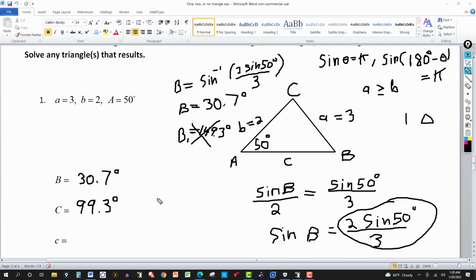So now we just say side C. You can go from a side to the sine of an angle, vice versa, based on those formulas. So now I know angle C, okay? So side c over the sine of 99.3 degrees should equal any other side.